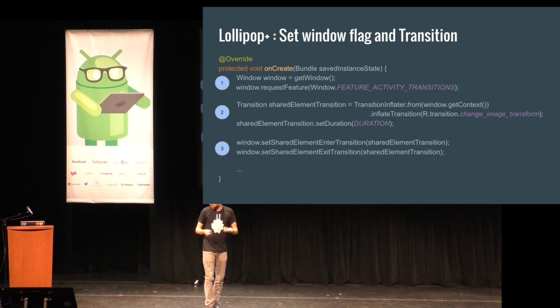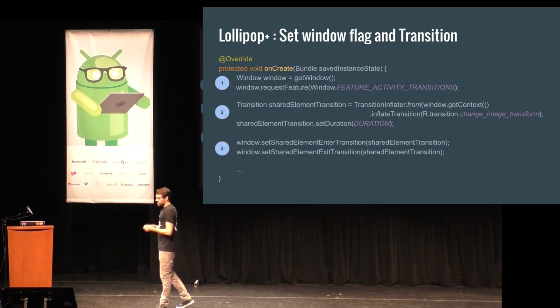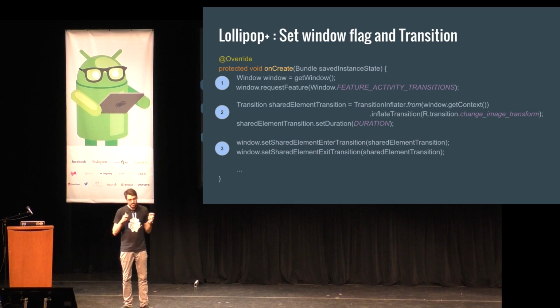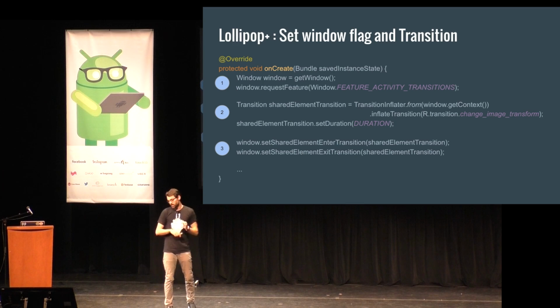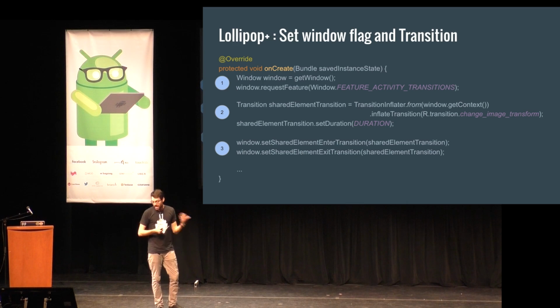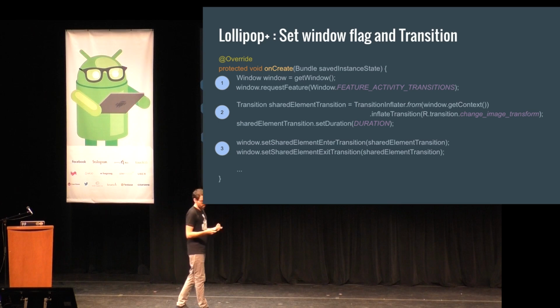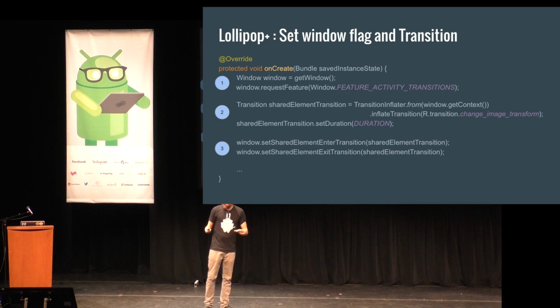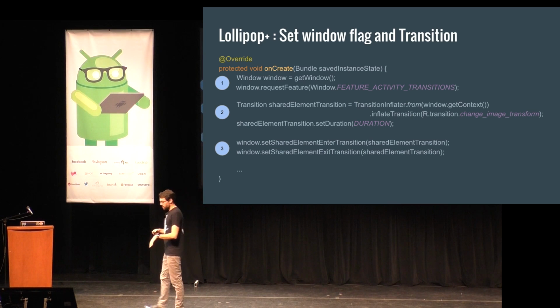Easy enough, right? Second thing they tell you to do is to create this transition object, and we'll come to that in a minute. And this transition object, all you have to do is set it to your window as a shared element enter or exit transition. So easy enough so far. That's just following the documentation.